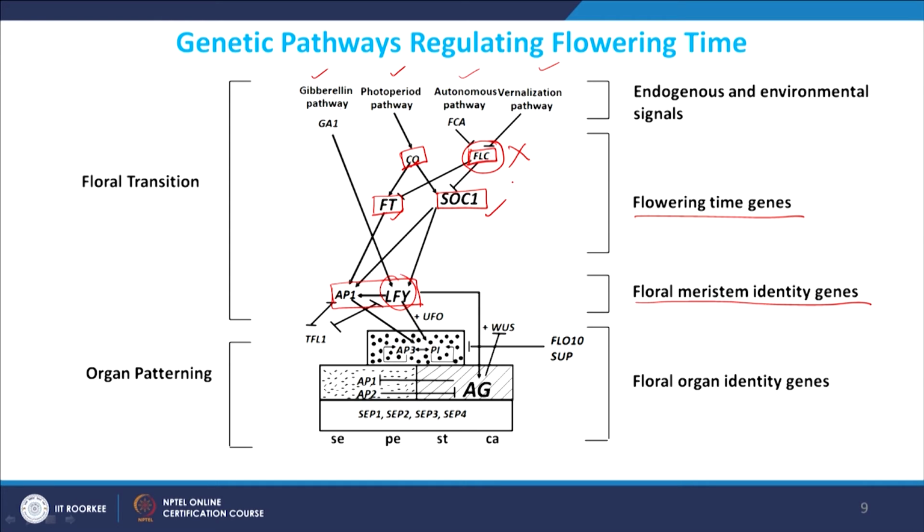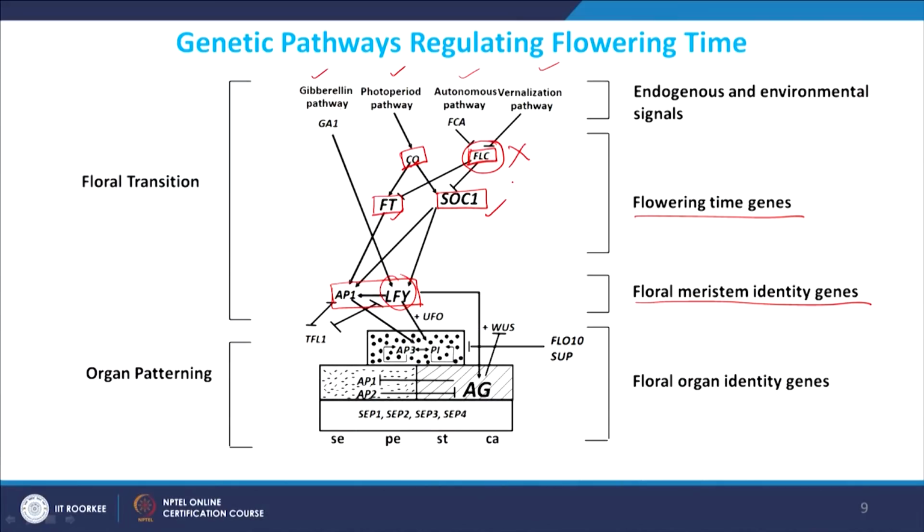So, when all the conditions are right, for example, if you take Arabidopsis thaliana, which is a long day plant, if the day length is long, if all the autonomous signals, meaning the plant is at the right age and right strength, and the vernalization signal is positive, if everything is okay, then all these pathways will eventually activate AP1 and LEAFY through FT and SOC1.